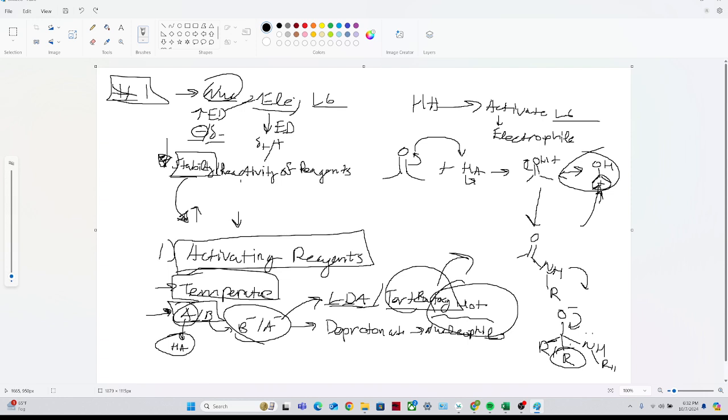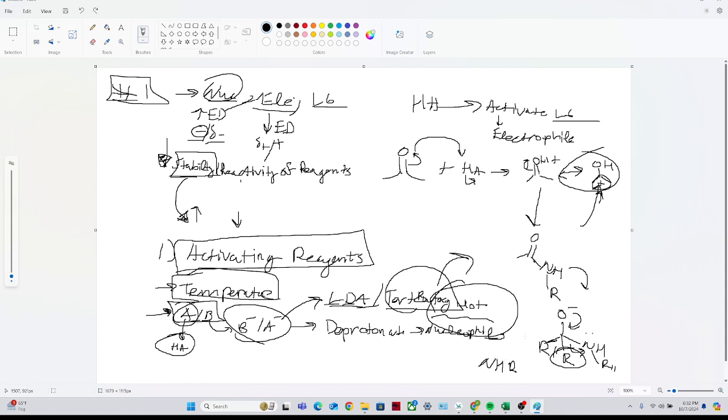The problem is if I make the NHR leave, you're going to get NHR minus. It's a super duper good base. It's a terrible, terrible leaving group. Again, good leaving groups are typically very weak bases.